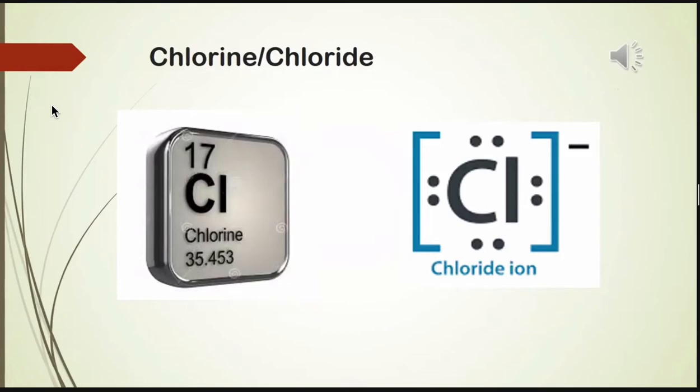The next mineral for discussion is your chlorine. Chlorine has the atomic number of 17 and the atomic weight of 35.453. Chlorine is the element, but what is physiologically important for us is the chloride ion, which means chlorine added with an extra electron.